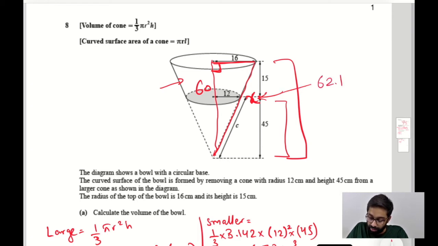So now we have the slant height of the entire cone, 62.1 centimeters. So now we have to find the area of the curved surface of the larger cone, which can be found through the formula pi r L, and subtract the area of the smaller cone right here.